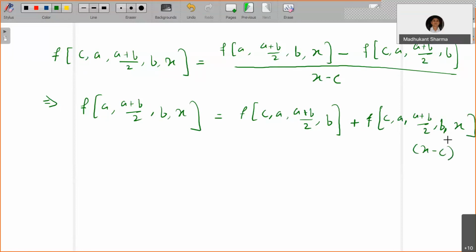Now this c is in our hand, so we can choose c comfortably.